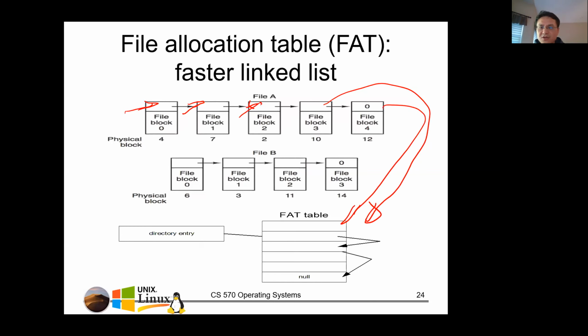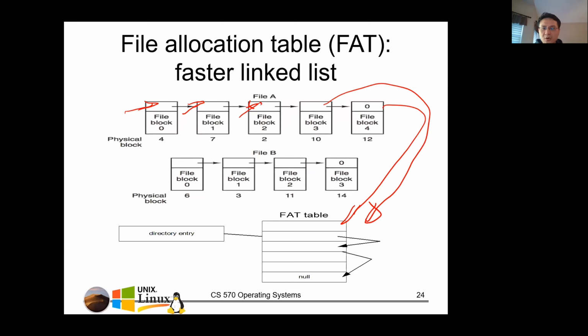Now, first I would like to talk about FAT. It used to be a popular file system implementation in the early versions of Windows. Actually, it is still popular nowadays in small media storage like flash drives and SD cards.